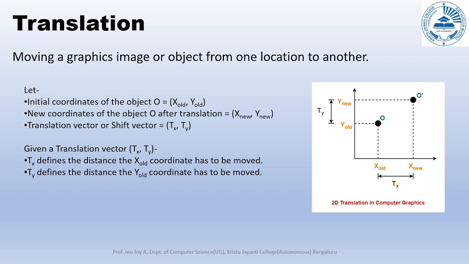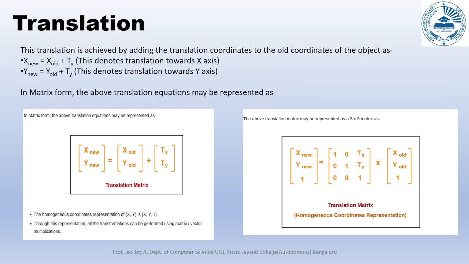If this old coordinate x old, y old is translated through translation distances tx and ty along the x and y axis of the Cartesian coordinate system, we will get the new coordinates as x new is equal to x old plus tx, and y new is equal to y old plus ty.